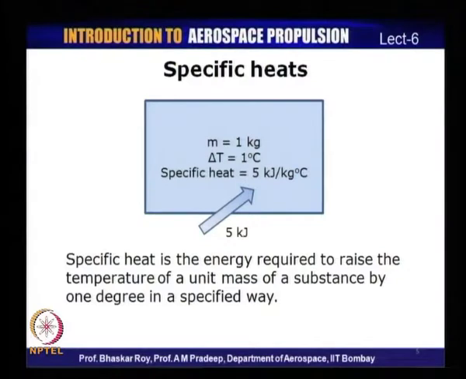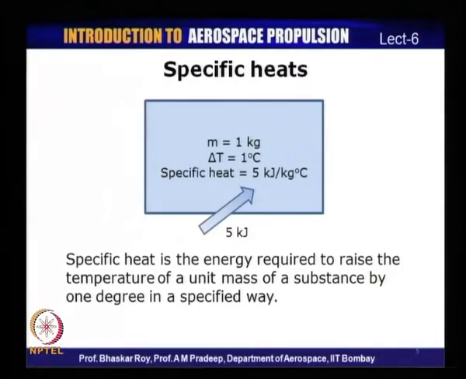Now, let us look at an example of how we can define specific heat for a particular substance, for a particular process. What is shown here is a particular mass, which is, let us say, 1 kg, and we have to increase its temperature by delta T, which is equal to 1 degree Celsius. If this is the case, then we will need 5 kilojoules of energy, for example, to accomplish this, that is to raise the mass of 1 kg by 1 degree Celsius.